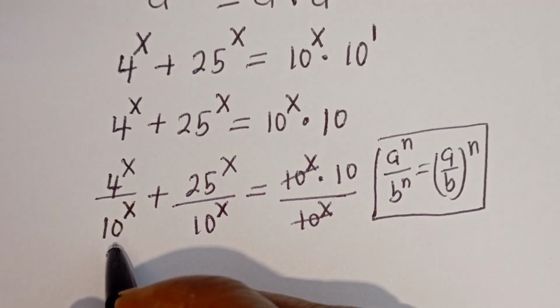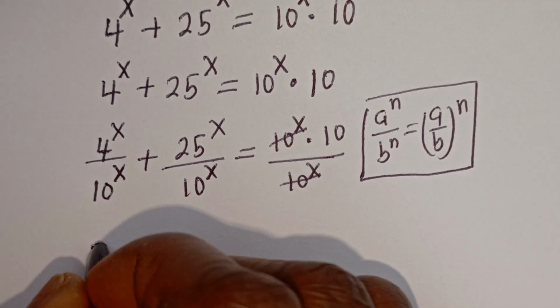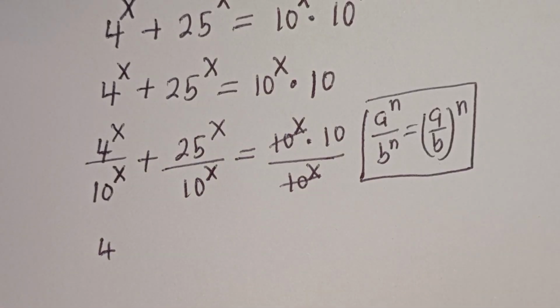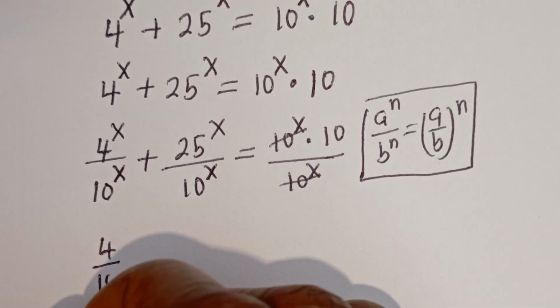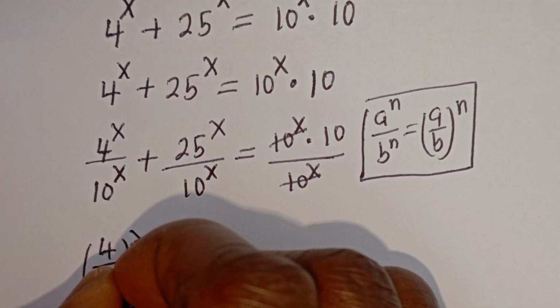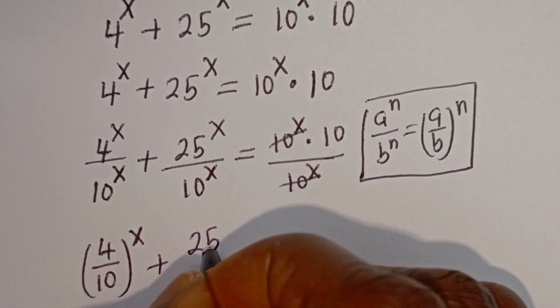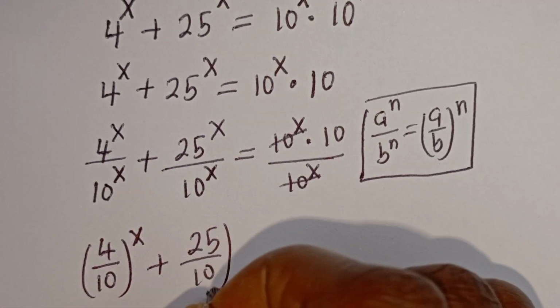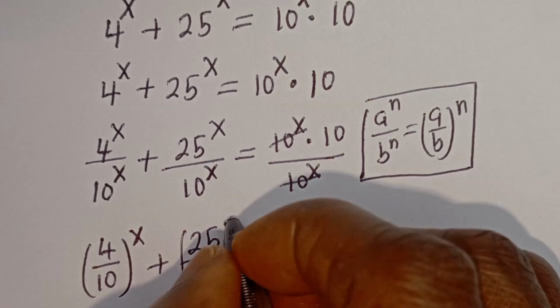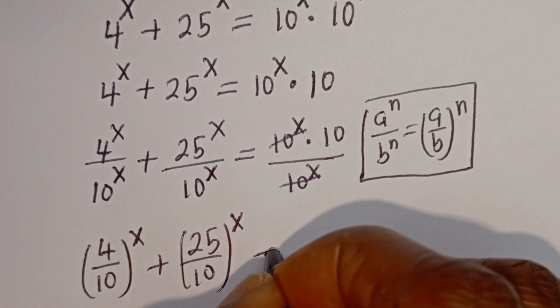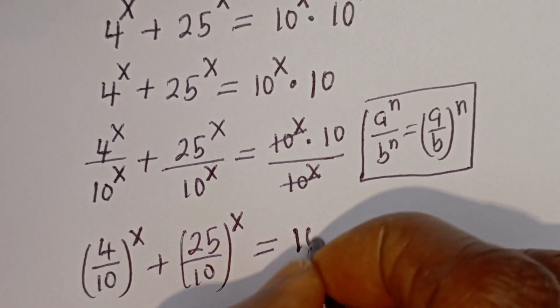So this can be written as 4 divided by 10 to the power of x plus 25 divided by 10 to the power of x is equal to 10.